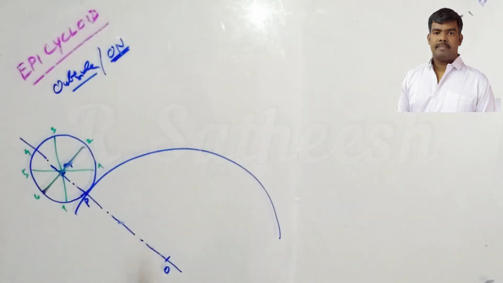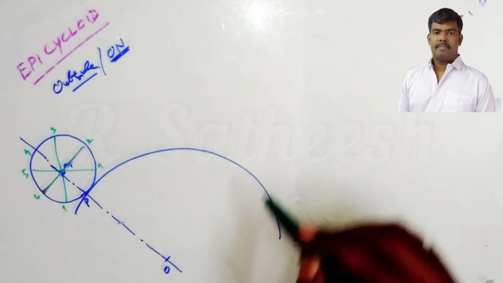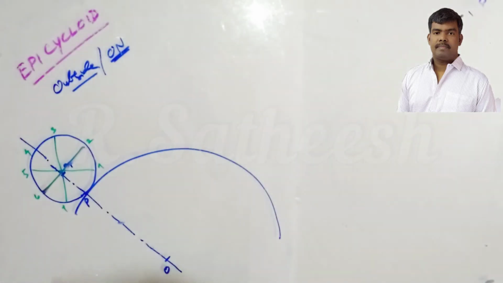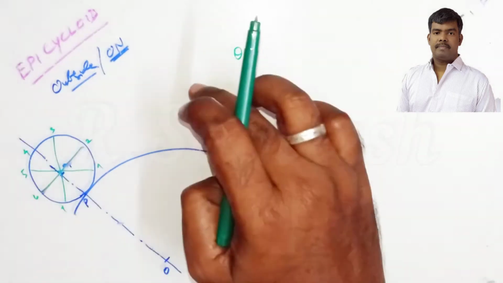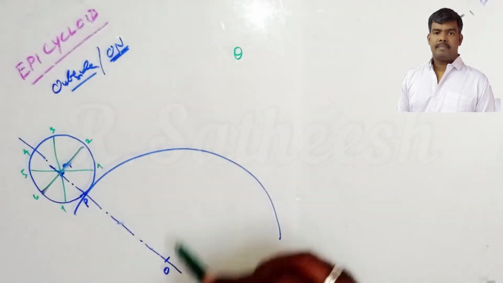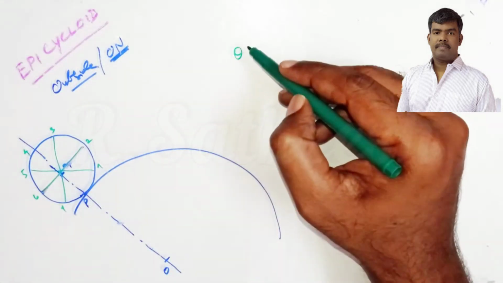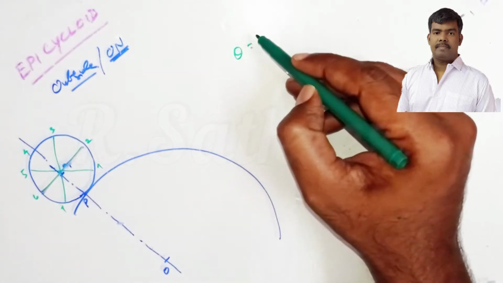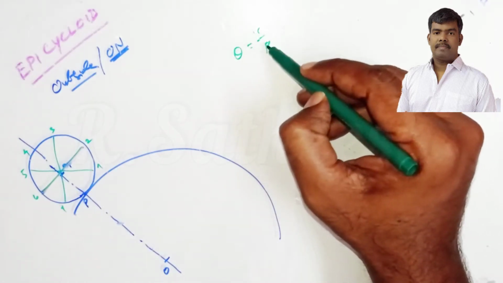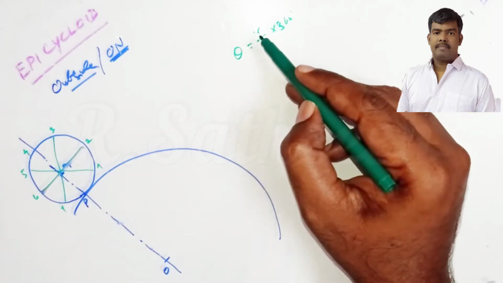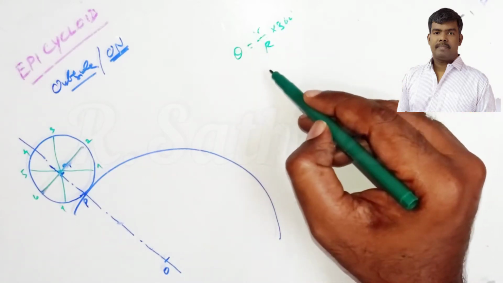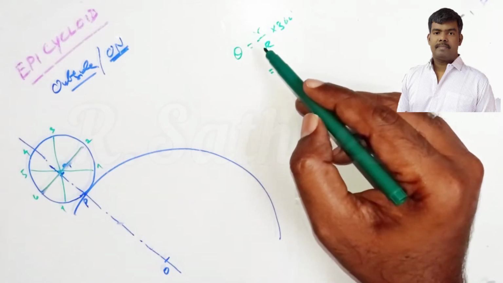Clear? Then after that you do one small calculation. That one is theta, if you want to know how much distance. In a normal cycloid it is pi d distance, but here theta is equal to small r divided by capital R into 360 degrees, or otherwise small d divided by capital D. Clear? So here small r means the rolling wheel.